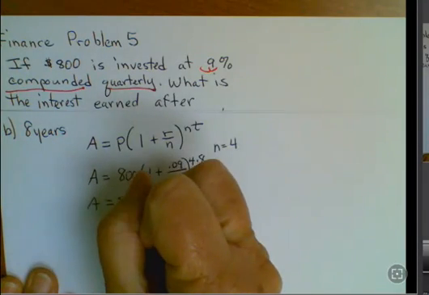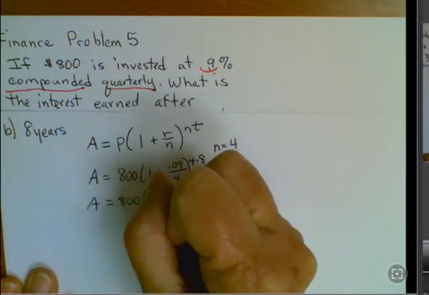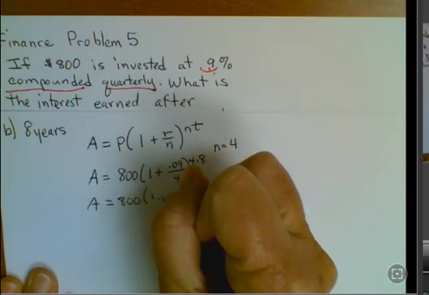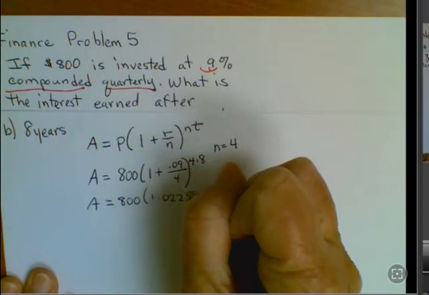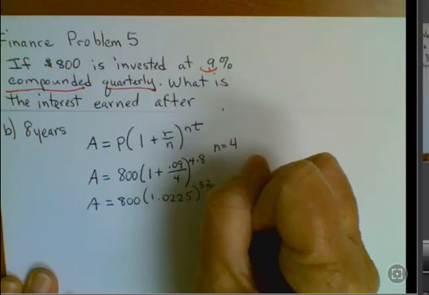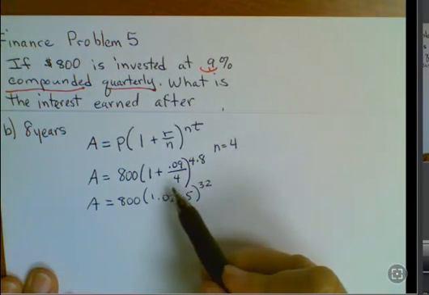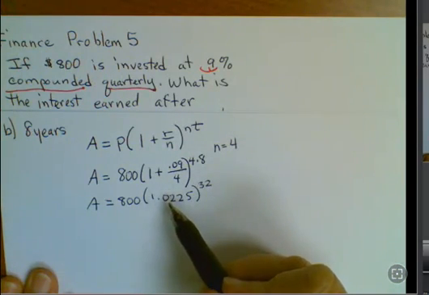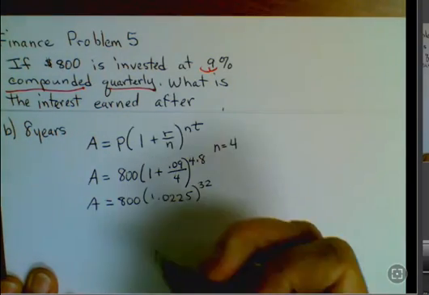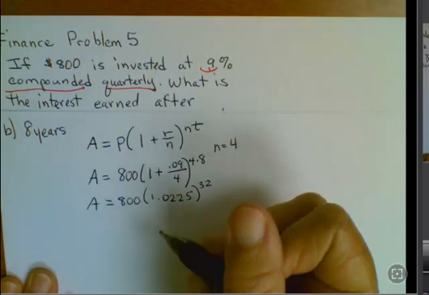And I'm going to raise that to the 32nd power. Leave it sitting in your calculator. You're going to get 2.038 with some more digits. Just leave it sitting there and go ahead and multiply by 800.